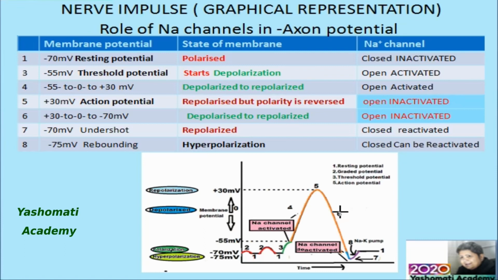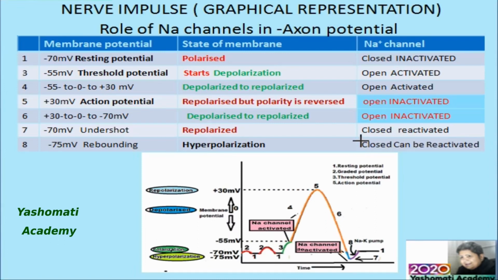Repolarized means it develops the same polarity which it had in the resting stage, that is, negative toward inside, positive toward outside. Slowly and steadily the membrane gets fully repolarized and the potential drops to minus 70 millivolt. So this is the stage when the potential again becomes minus 70 millivolt.